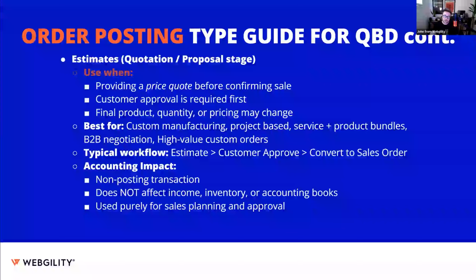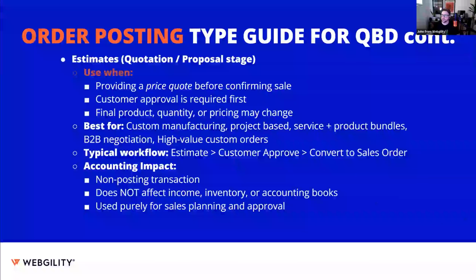Estimates are best for custom manufacturing, project-based work, service and product bundles, negotiation in B2B or business to business, and high-value custom orders. Again, this is not affected by Webgility and does not route through Webgility in any way. Generally, you would do these outside of Webgility, and then when they turn into an actual transaction, like an invoice, unpaid or paid, or a sales receipt, you would see the information flow through Webgility.